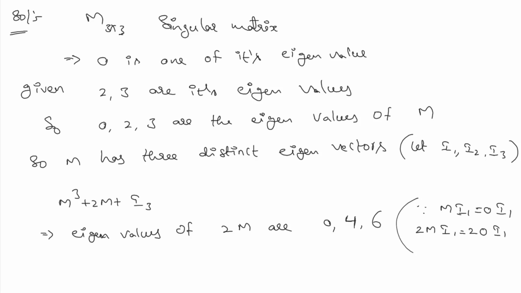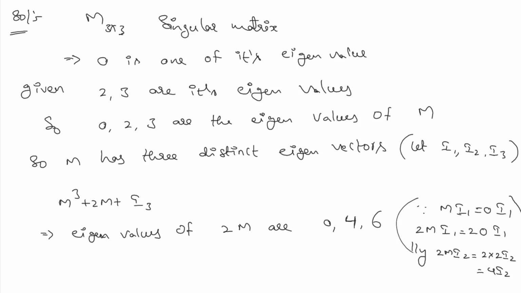Similarly, 2M I2 is 2 times 2 I2, that is 4 I2.